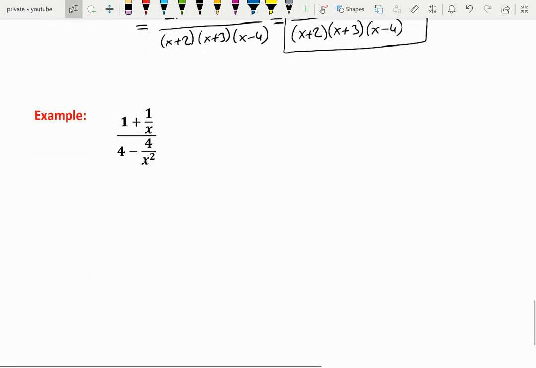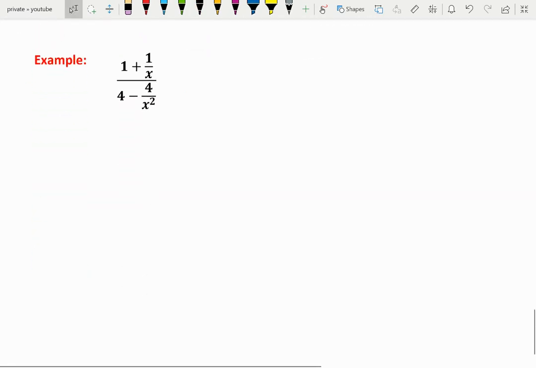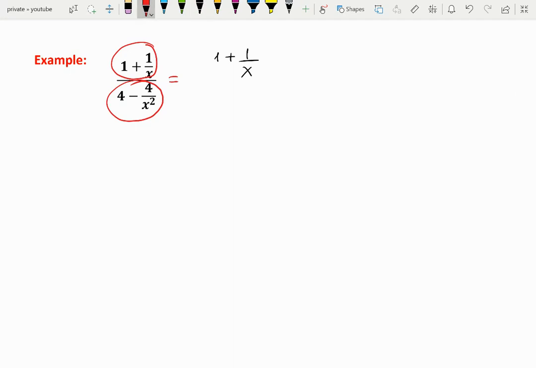Okay, let's see another example. This is a little bit complex. It looks complex, but actually it's easy. First I will do the operation here and then here, and then discuss both of them together. So what I have to do is 1 plus 1 over x. I have to multiply by x the denominator and numerator, because I'm trying to make the denominators the same.